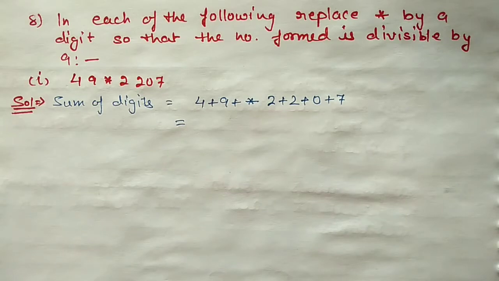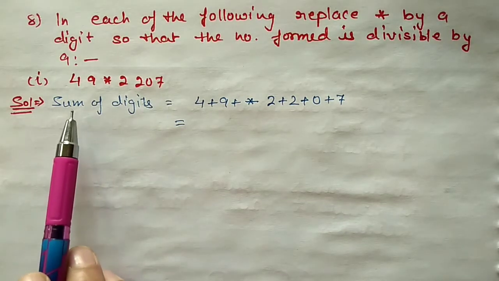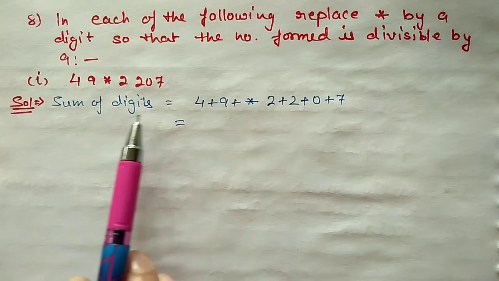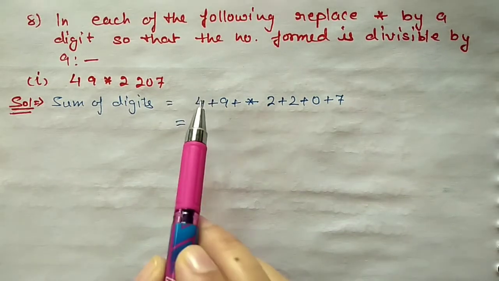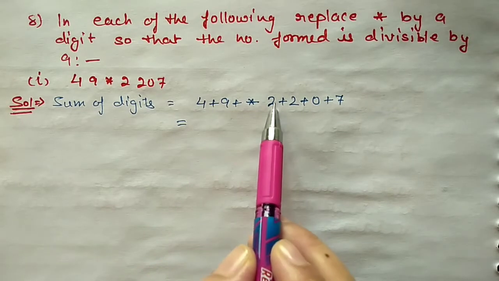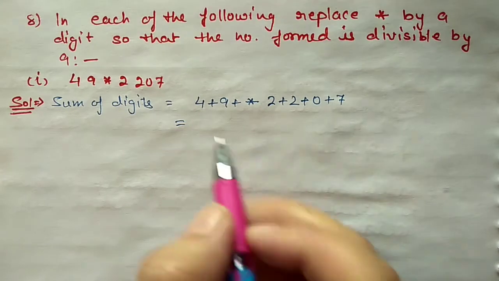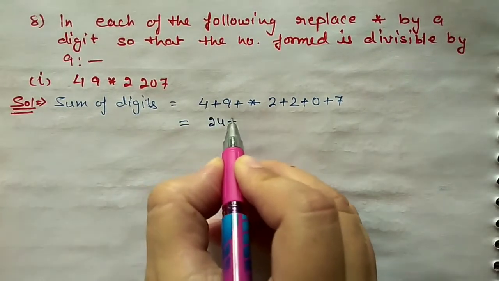Next question number 8. In each of the following replace star by a digit so that number formed is divisible by 9. This is also similar question like 7th. We have to check the divisibility of 9 here. So for that we will do the sum of all digit and this sum should come in 9 table. So first we will add all these numbers. 4 plus 9 13, plus 2 15, 16 17 and 17 plus 7 24. 24 plus star.